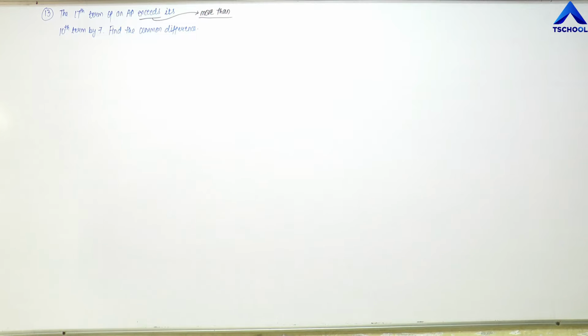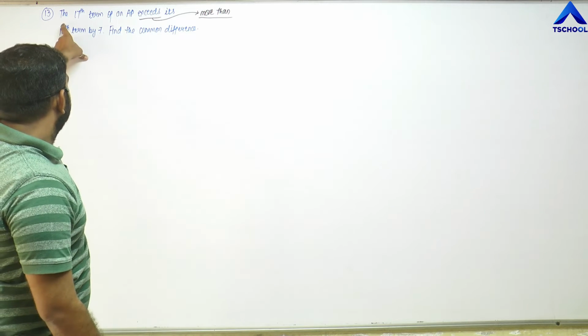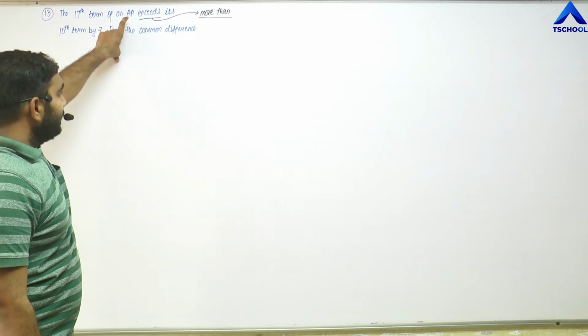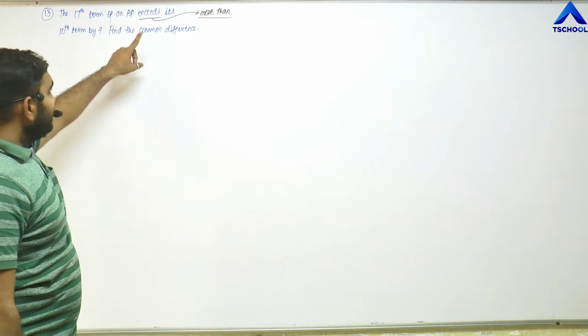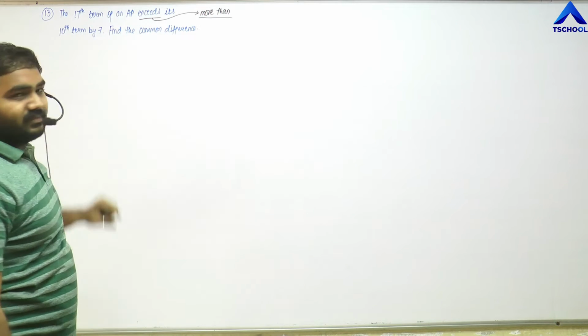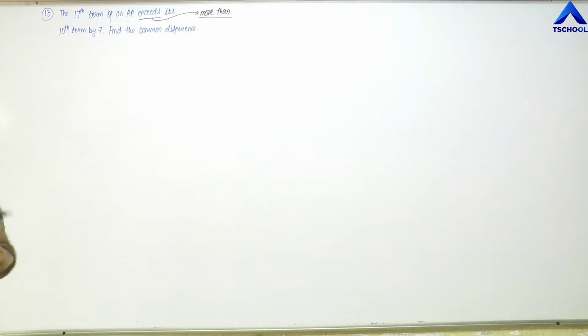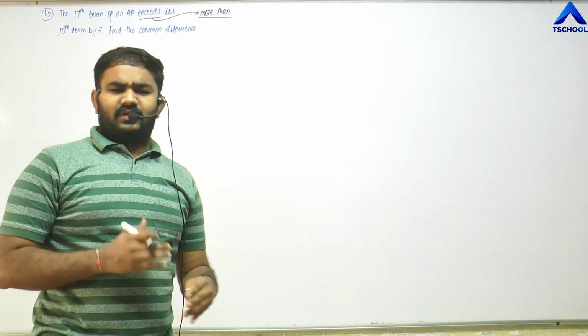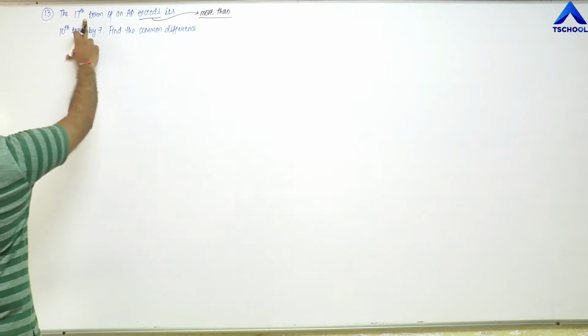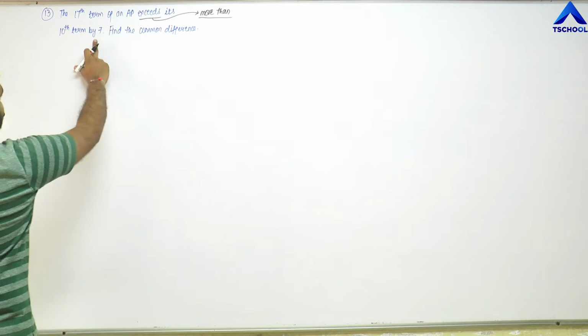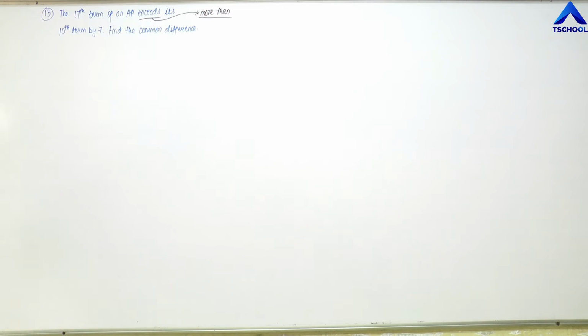Now listen as I speak. The 17th term of an AP is more than the 10th term by 7, or it is 7 more than the 10th term, right? We shall simply change the statement: the 17th term of an AP is 7 more than the 10th term.